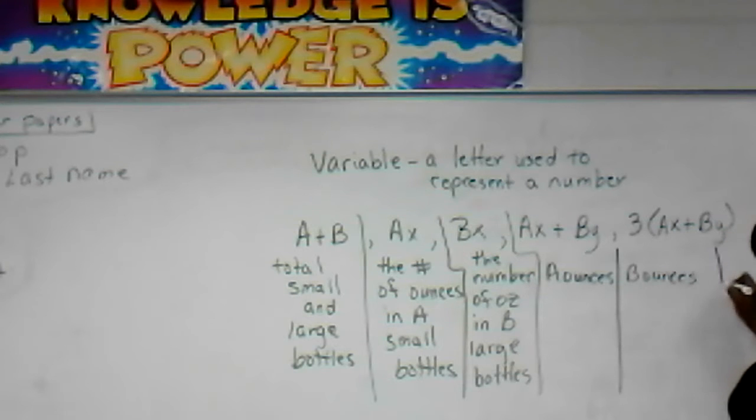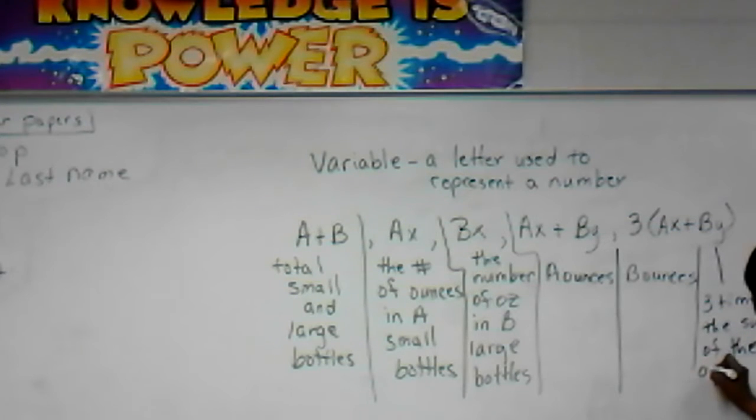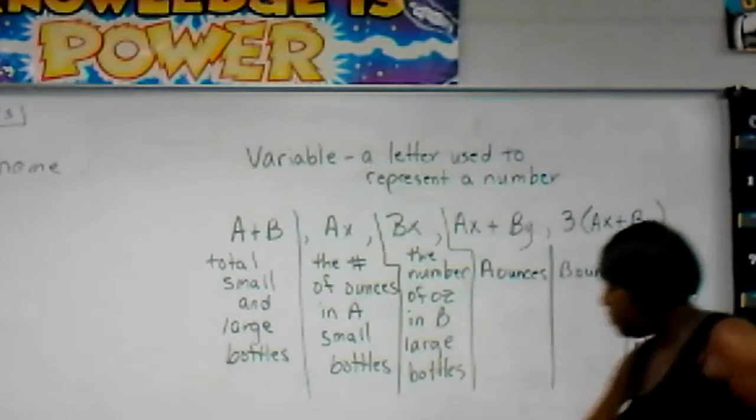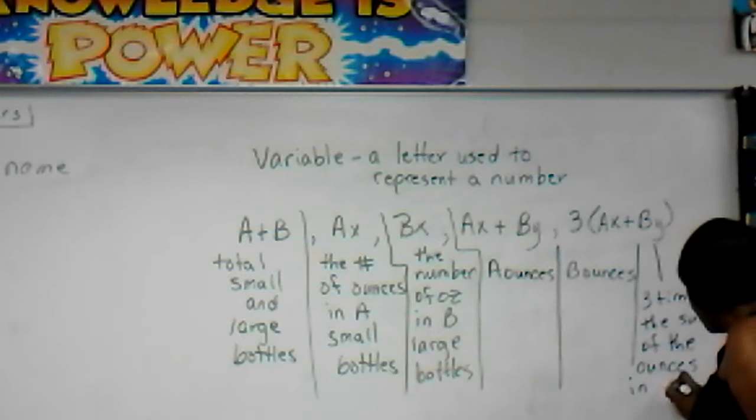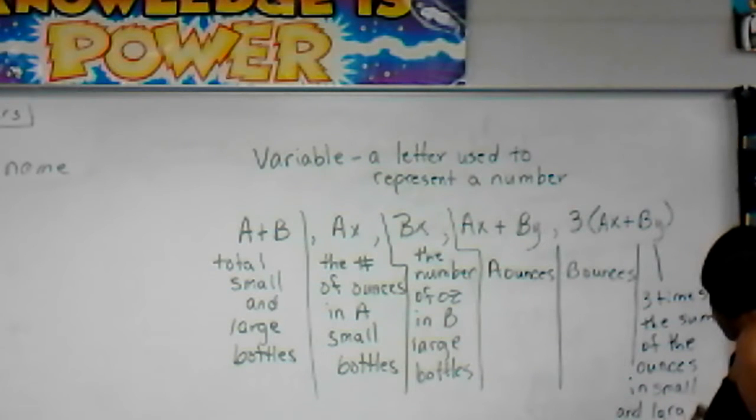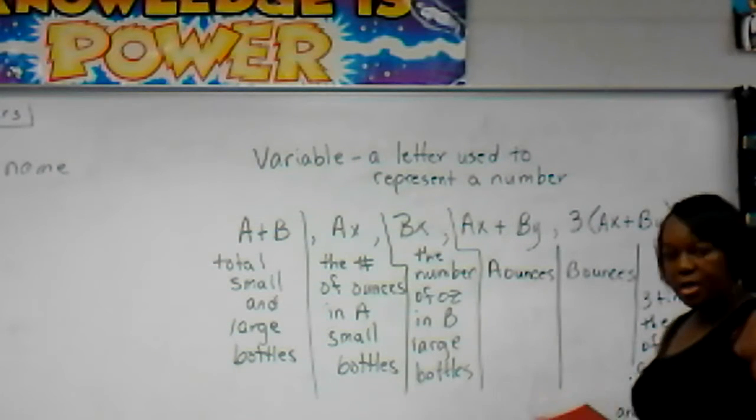And finally, 3 times AX plus BY is 3 times the sum of the ounces in small and large bottles. Okay?